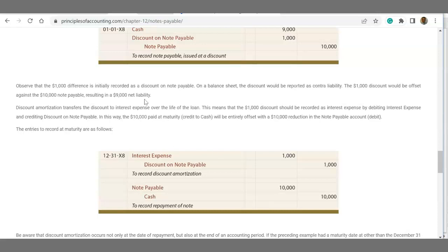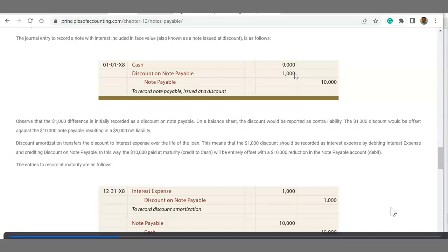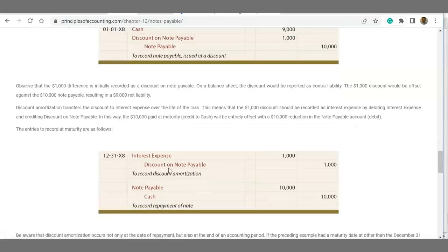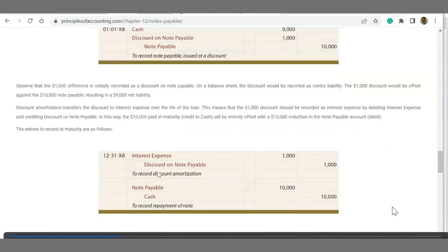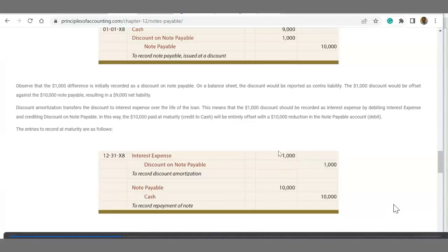Let's say this is a 1 year note. You also have to pay the interest, but the interest is already deducted here, and we recorded it as discount on note payable. So on December 31st, we close that discount and we record interest expense.